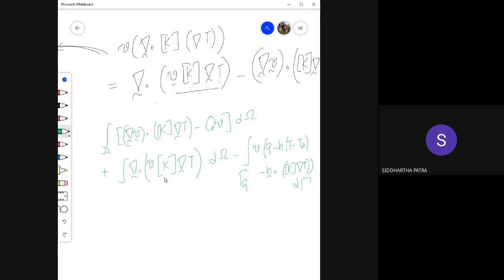Now if I look at this term, this integration is over the volume, but I can use Gauss divergence theorem and represent that as the integration over the total surface gamma, n dot v times k grad of T d gamma.